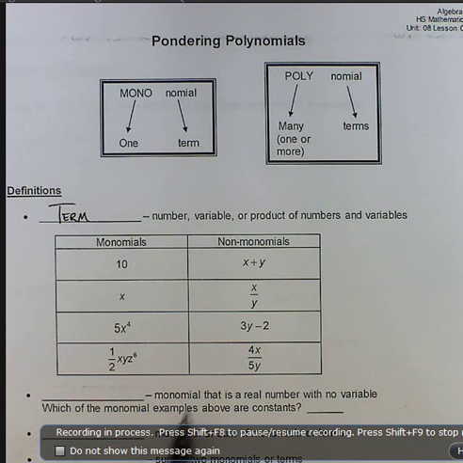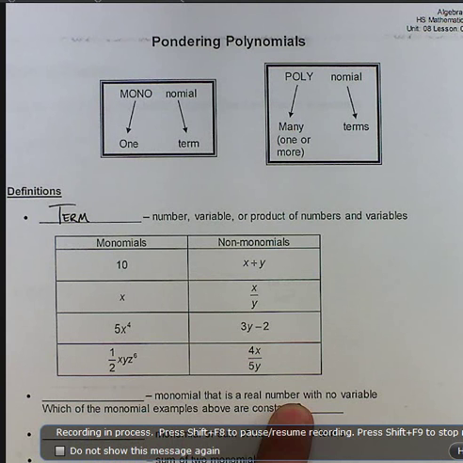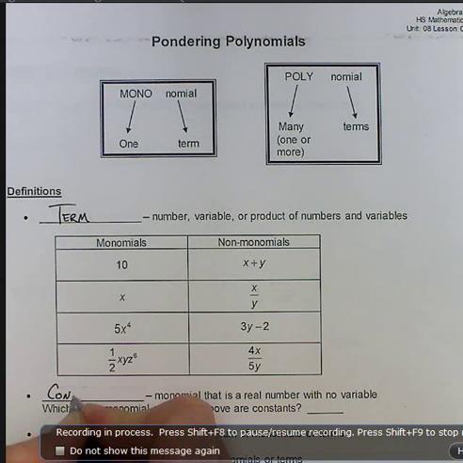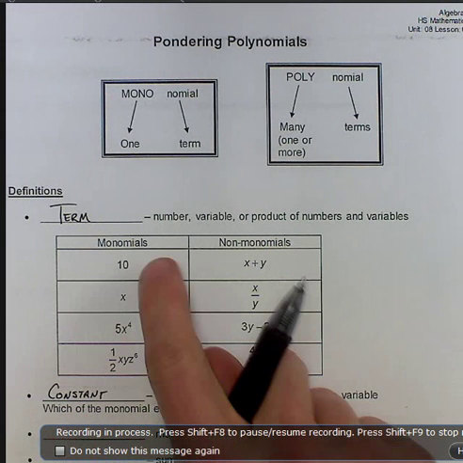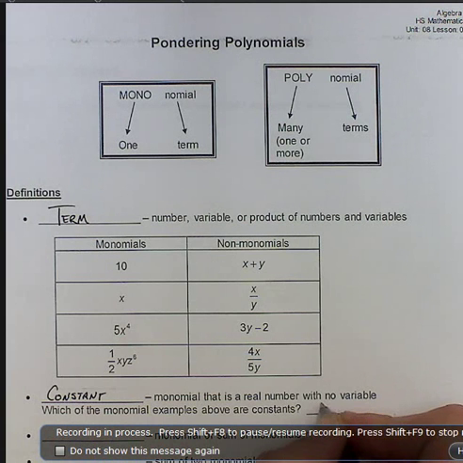A monomial that is a real number with no variable is what we call a constant. It is just a number. If we take a look up here, we have only one constant, and that would be the number 10.